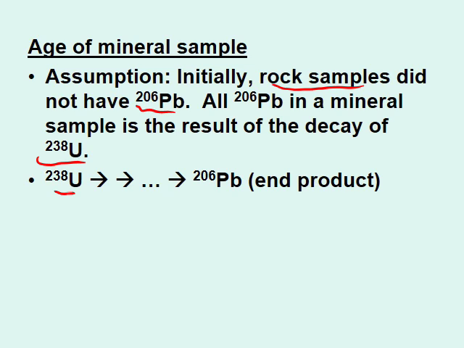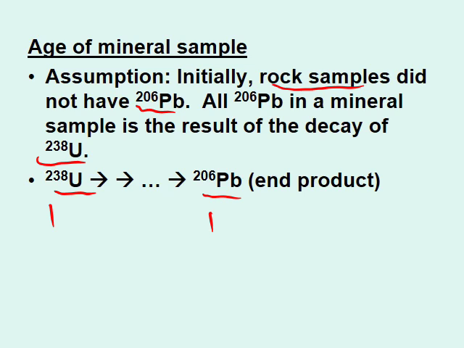So this is uranium-238. With a series of alpha and beta decays, it finally ends up with lead-206. So what we notice here is one uranium ends up with one lead, and that's the relationship we are going to use when we calculate the age of a rock sample.